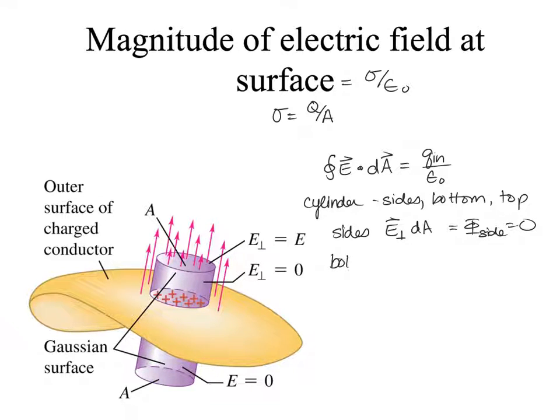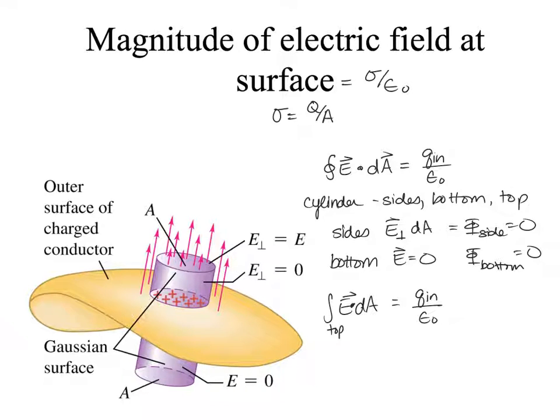At the bottom, the electric field is equal to 0, so again, there's no contribution to the flux. And so we only have the electric field at the top, which is equal to the charge that we enclosed over epsilon naught.